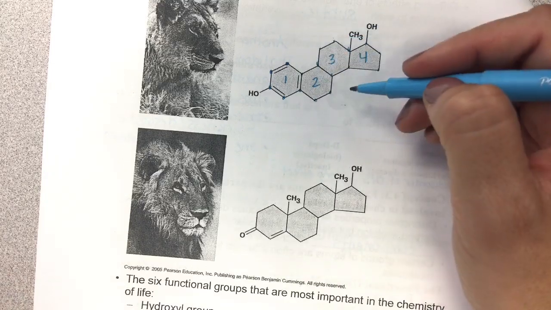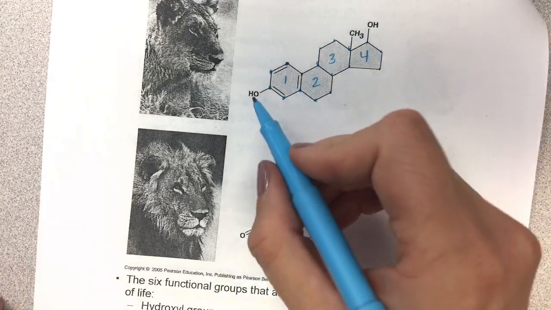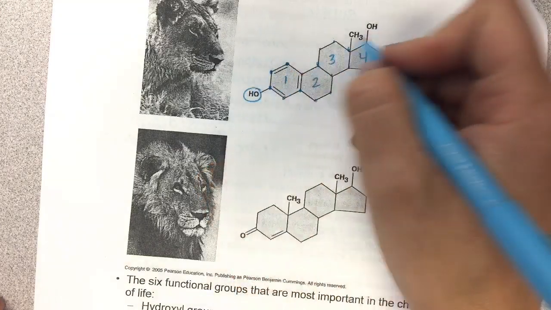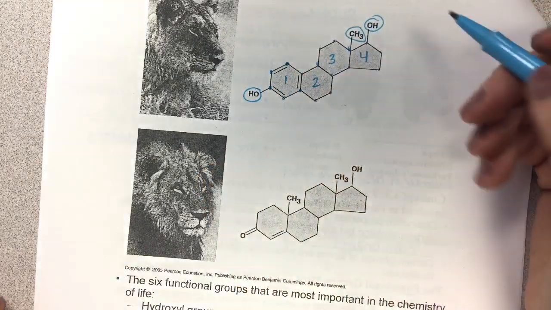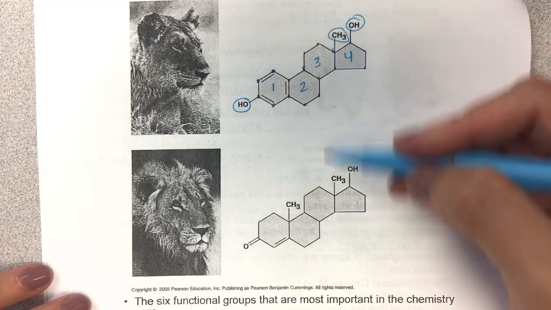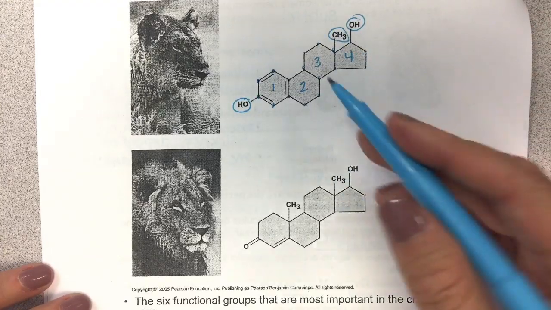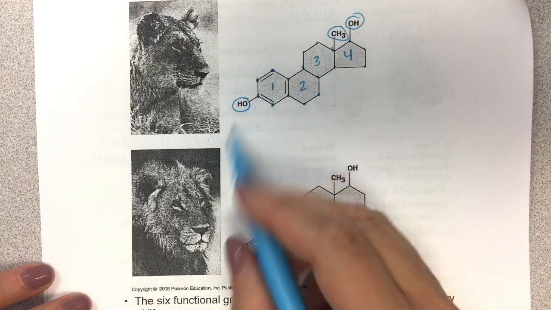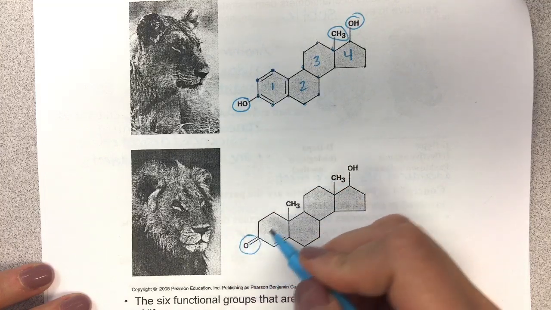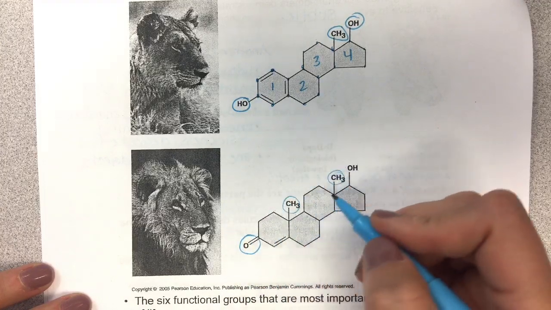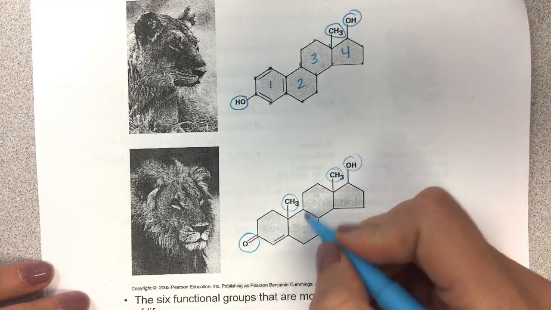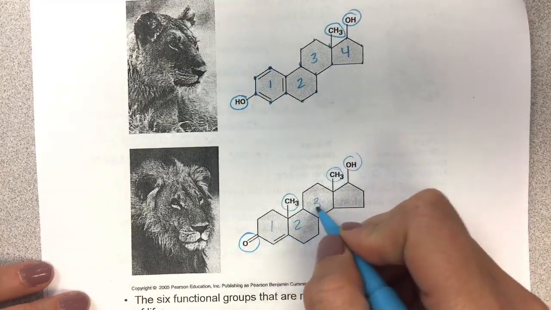And so then what we're looking at here is these different chemical groups attached to it. So this one, and this one. And what we're looking at to compare these two molecules is the location of these chemical groups. And so notice here there's not an OH here, it's a double bonded O, and then there's 2 CH3s, and then this OH is in the same spot. This has the same 4 fused rings here.